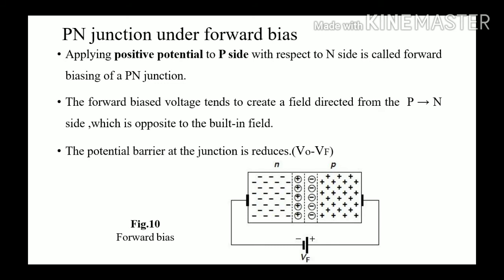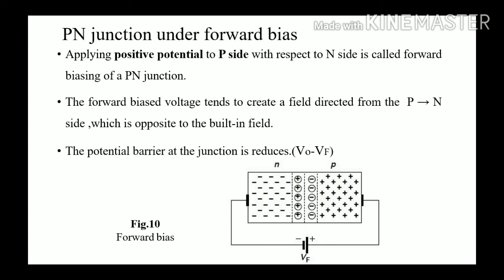Now let's see the PN junction under forward bias. Applying a positive potential to the P side with respect to the N side is called forward biasing a PN junction. The applied bias voltage creates a field from the P side to the N side, which is opposite to the built-in field.